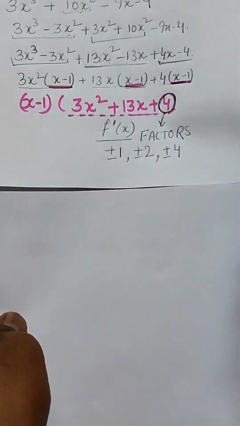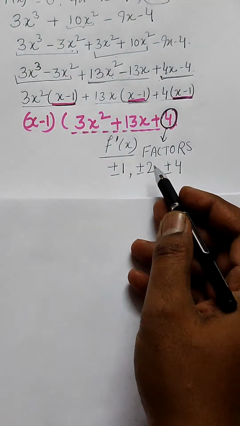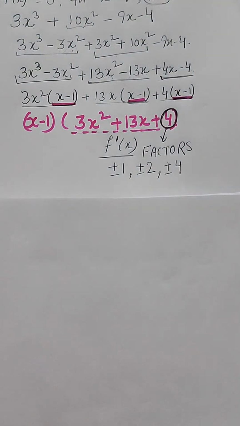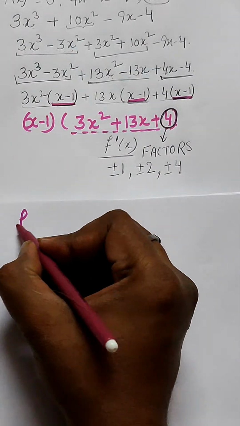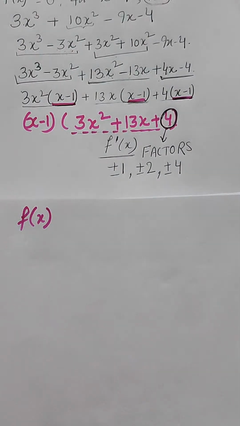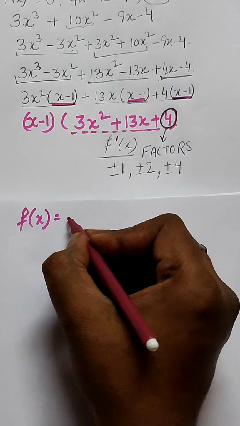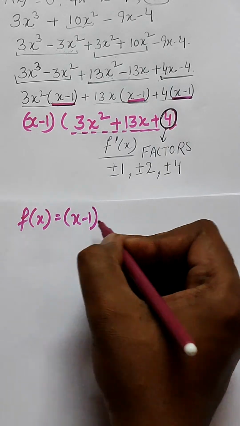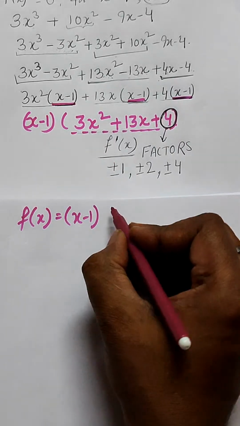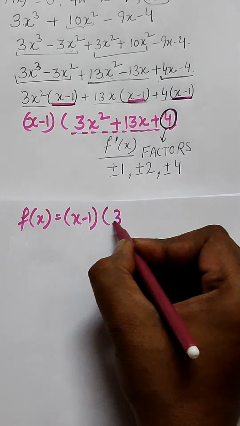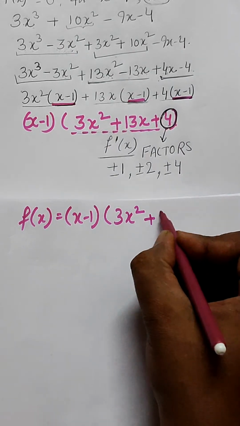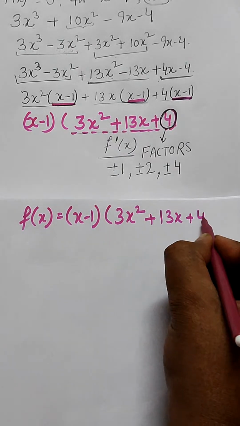Right. Now from this step we have f of x as x minus 1, this one, into f of x, that is 3x square plus 13x plus 4.